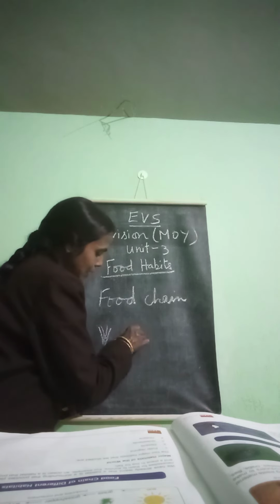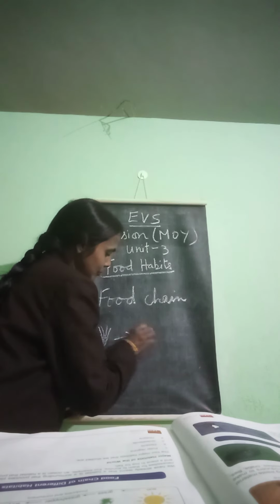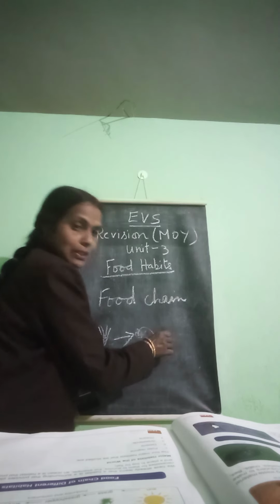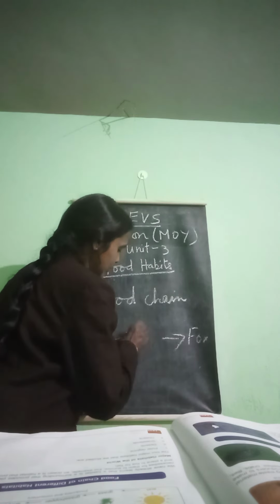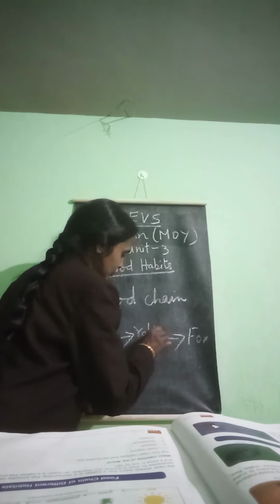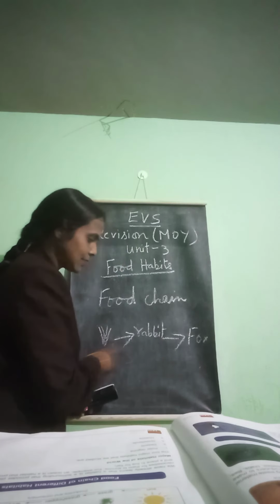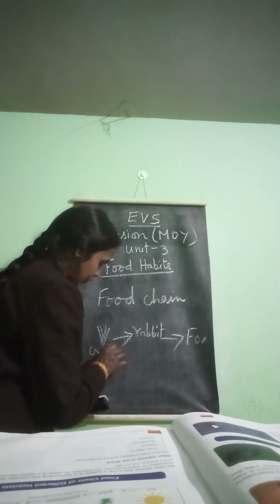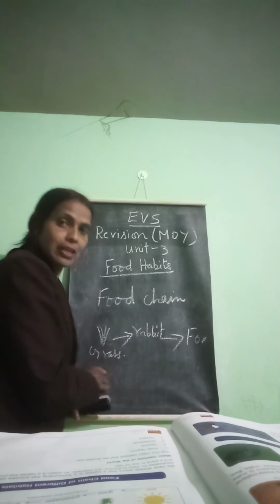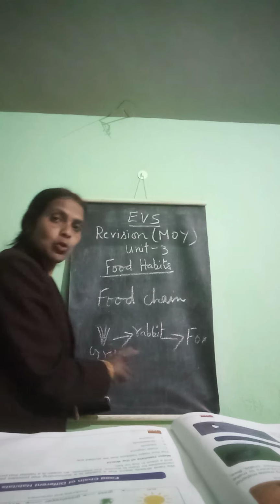Grass is eaten by rabbit, and rabbit again is eaten by fox. This is a food chain. It shows who eats whom.